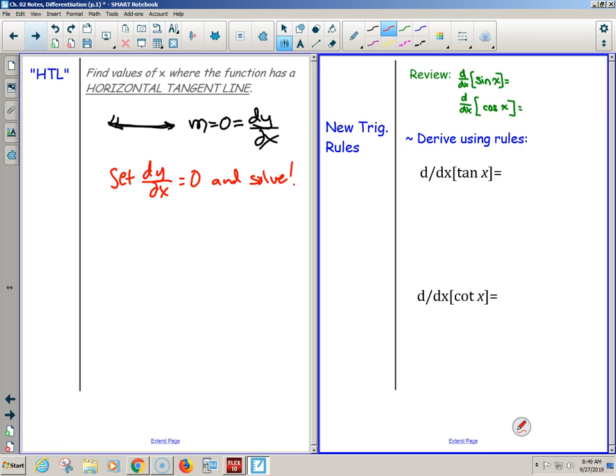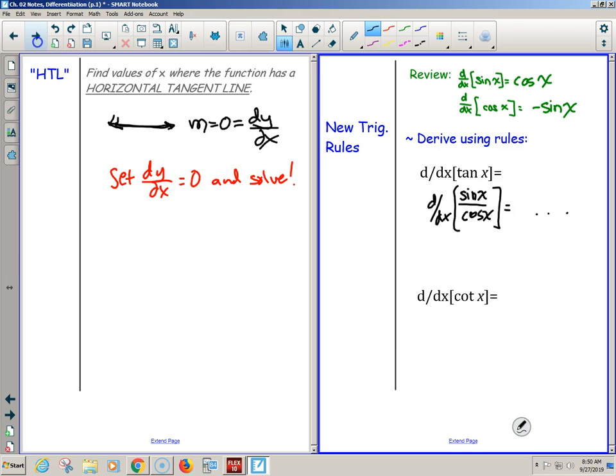And here's the last thing I want you to see. If you're starting homework, you might see trig functions besides sine and cosine come up. If I were you, get your phones out. Now guys, each of these, like tangent, could be rewritten as a sine over a cosine, and we could do a quotient rule.